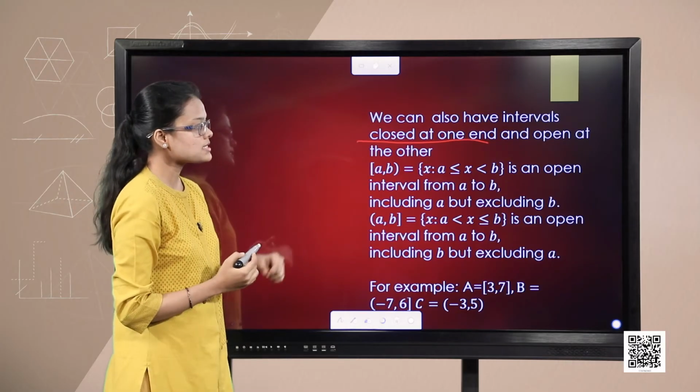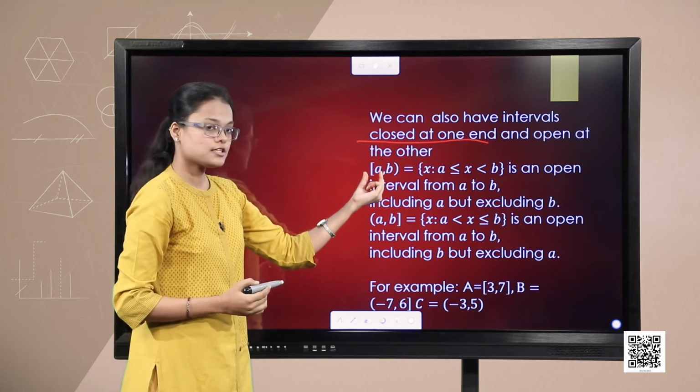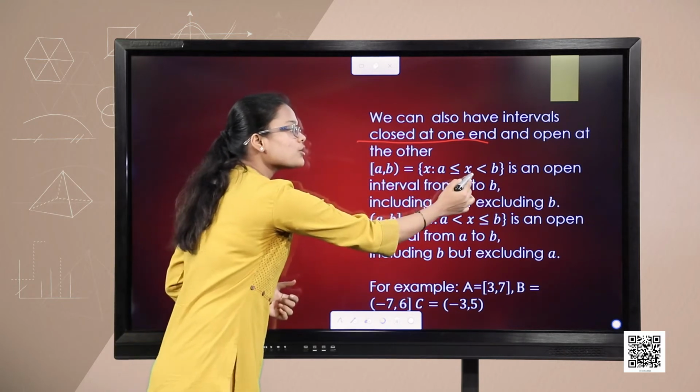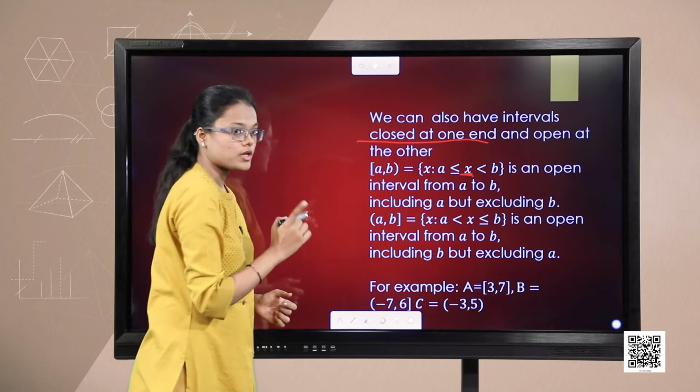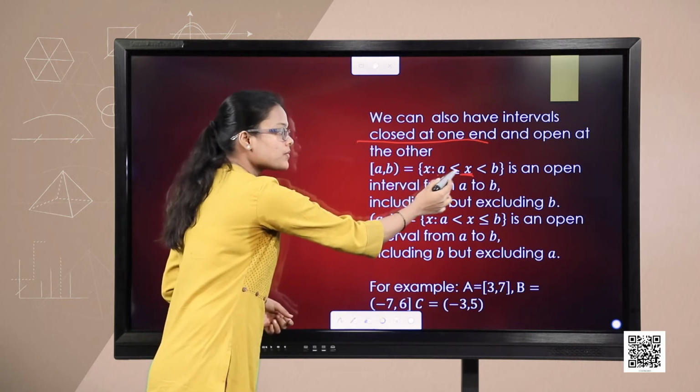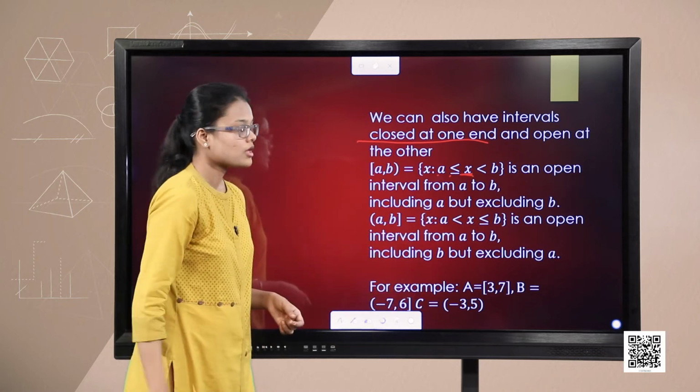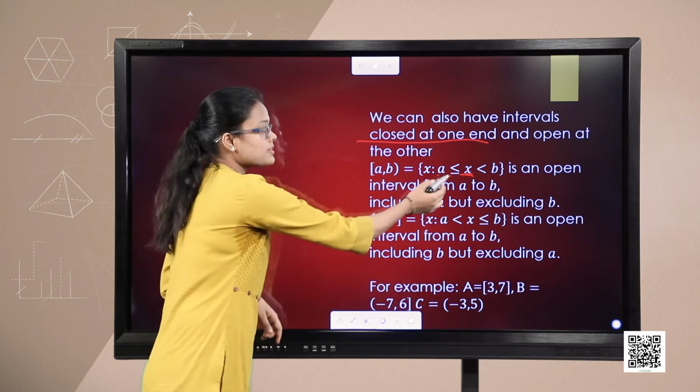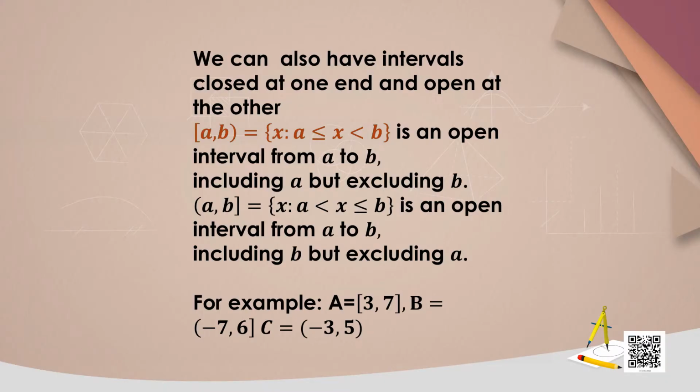This is an interval of the collection of all those points which are greater than or equal to a but less than b. So, it represents that x can also take the value a, but x will take all the values which are less than b. So, it is the collection of all those real numbers.